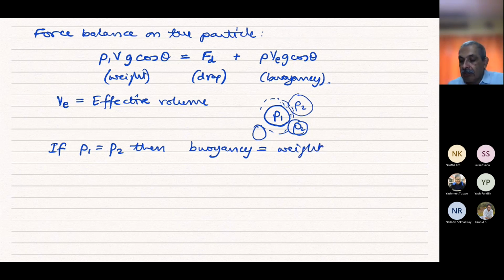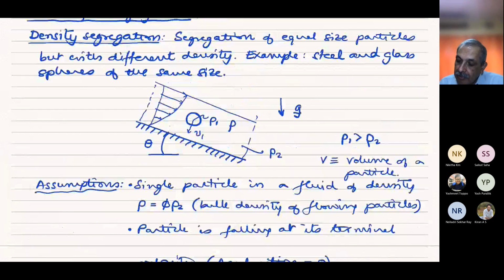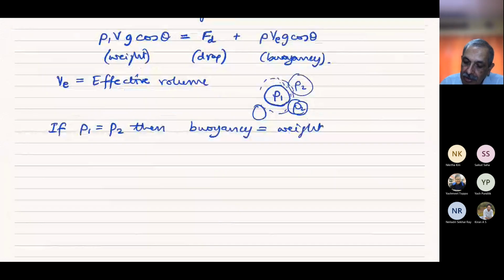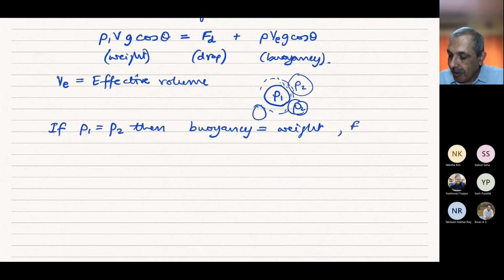Because if the particles are all of equal density, then there will be no upward or downward motion. So then the weight of the particle will be balanced by the buoyancy. And of course, F drag will be equal to 0 because there is no motion.